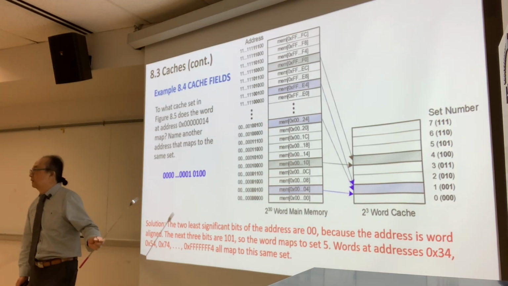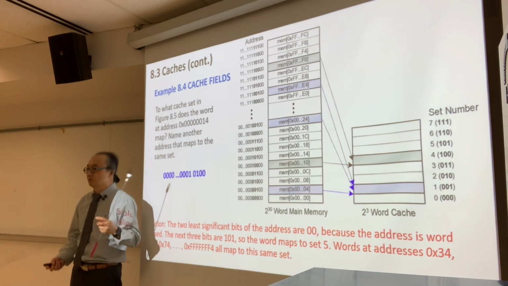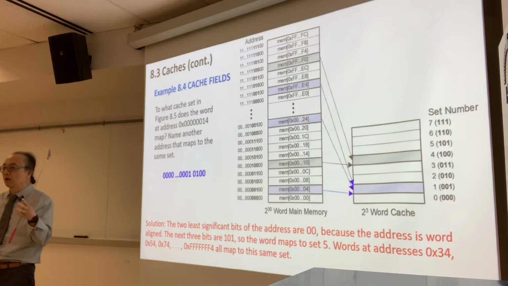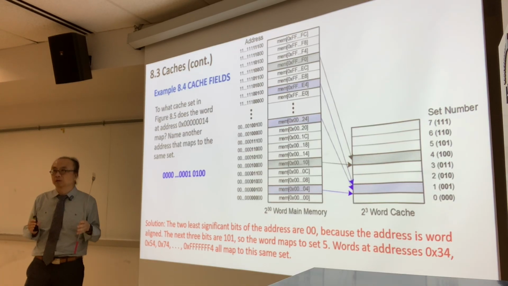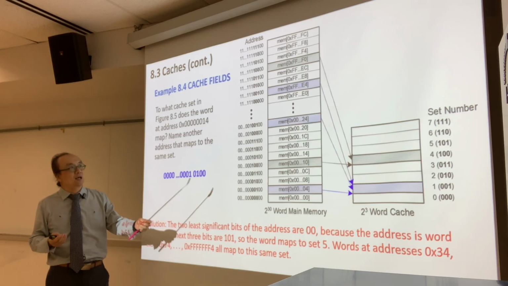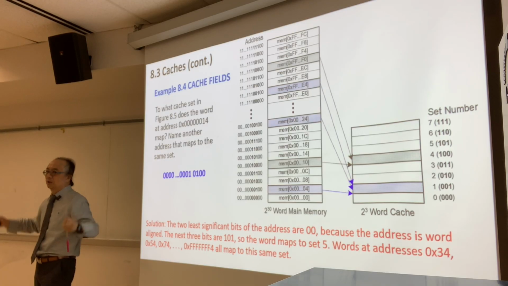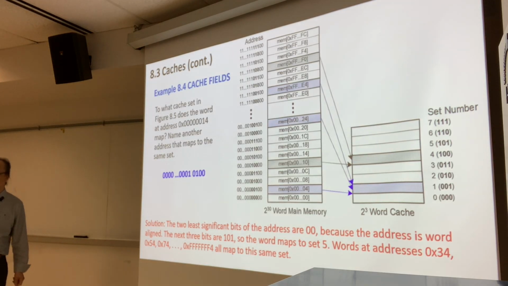We'll see later, because sometimes we're going to have a larger cache block, so the block size is not always 32 bits. If the block size is always 32 bits, then yes, the byte offset has to be always 2. But if the block size is 2 words, then the offset is going to be different. We'll look at an example as well.